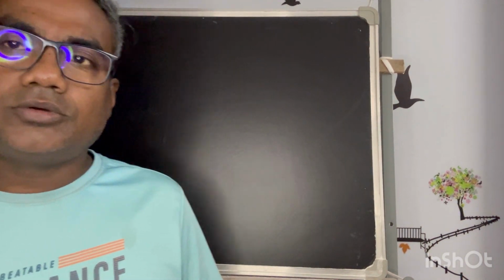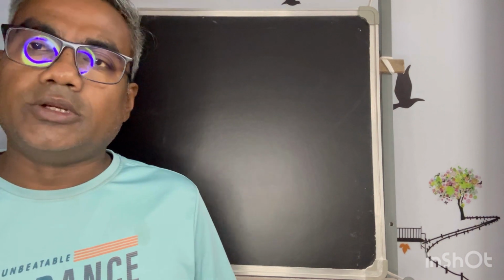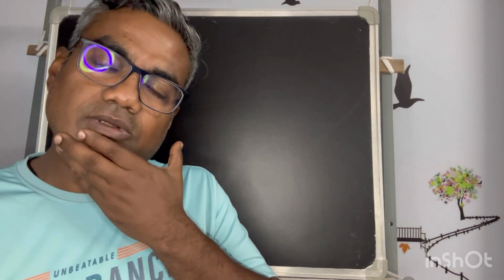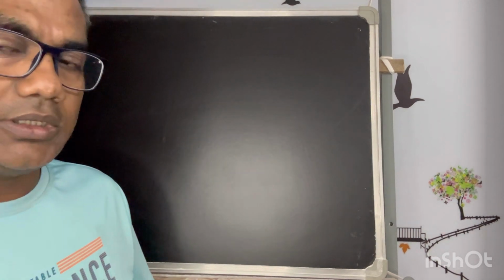In the last video, what we learned last is Bernoulli's theorem. There, we said in a case of steady state flow for an ideal fluid, that is incompressible and irrotational, when it is flowing in a steady state flow, the energy at any two points is the same. The total energy at point 1 and the total energy at point 2 is the same.